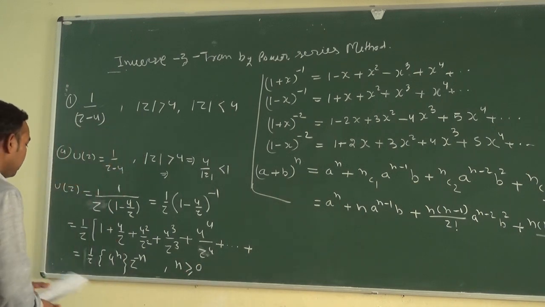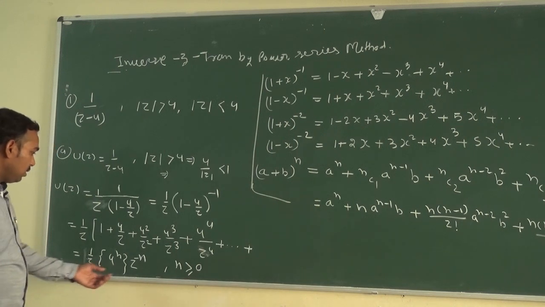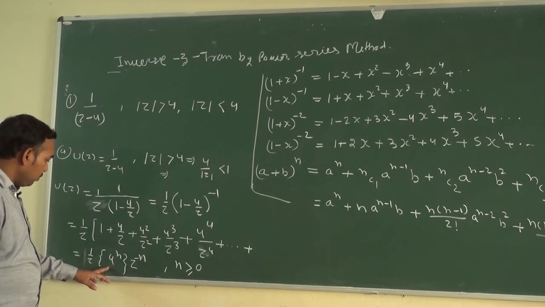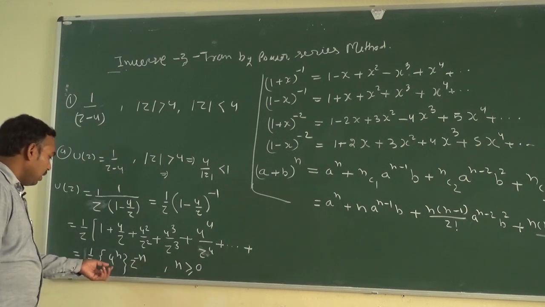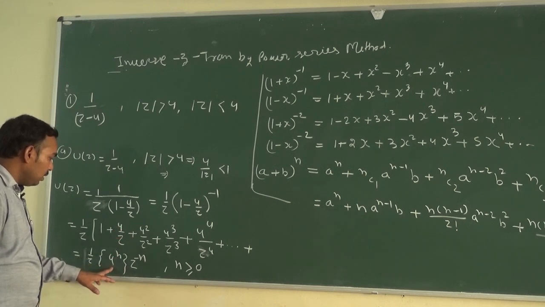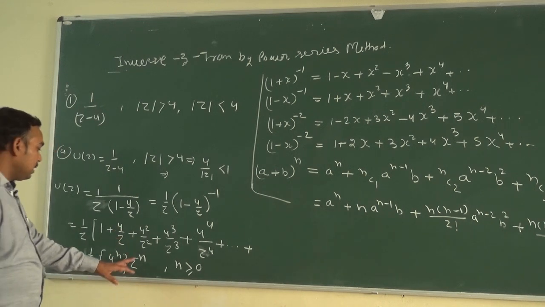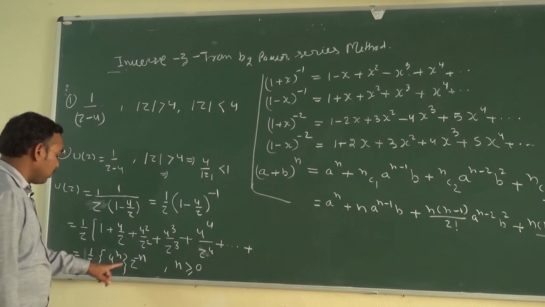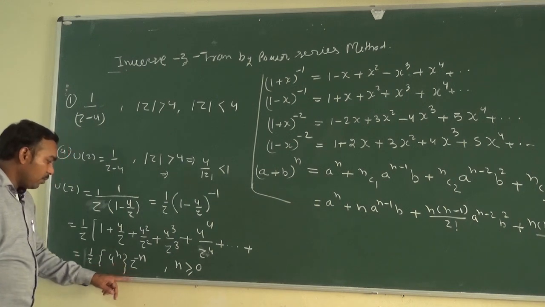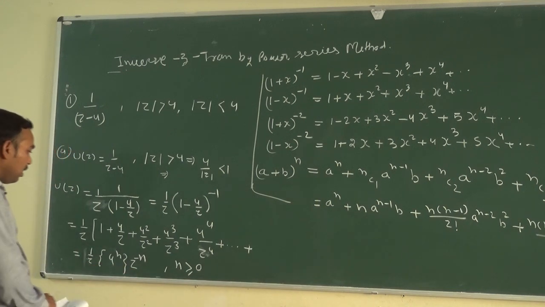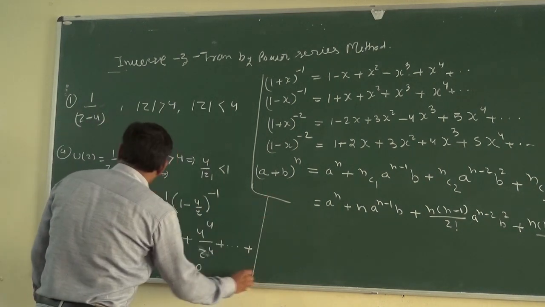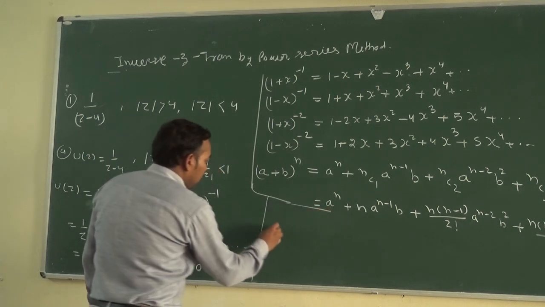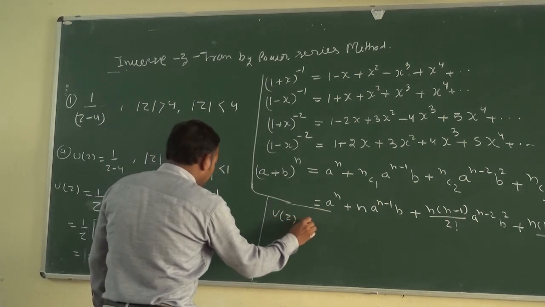Writing n equal to 0 gives 1, n equal to 1 gives 4 upon z, and n equal to 2 gives 4 square upon z square.